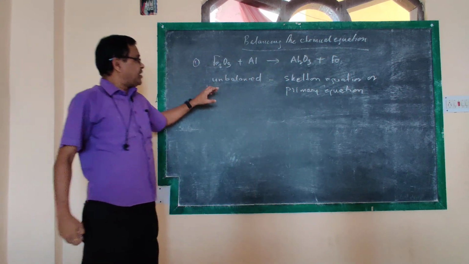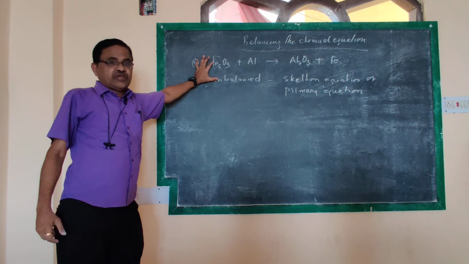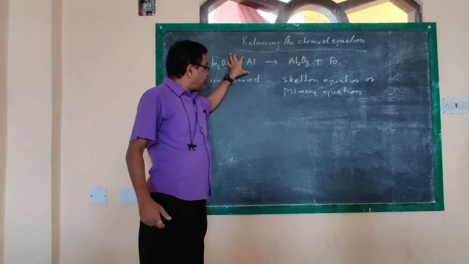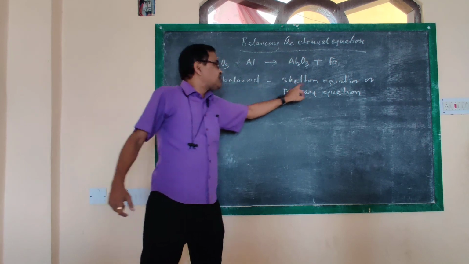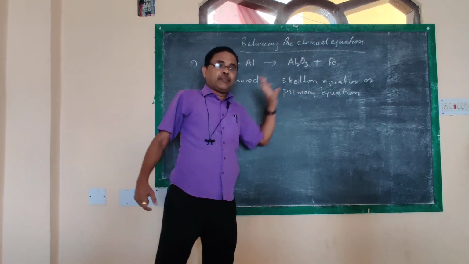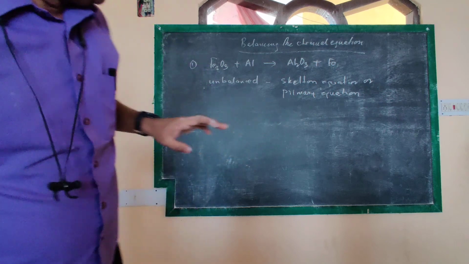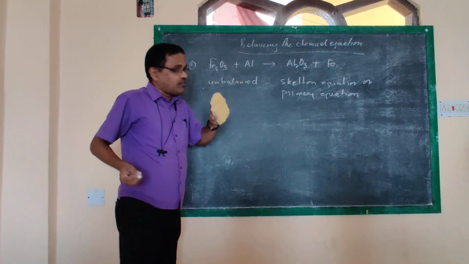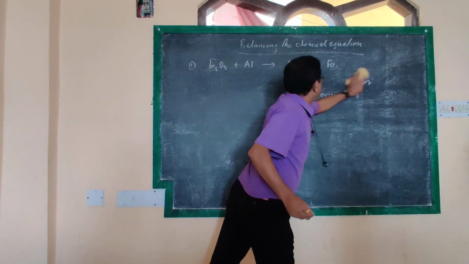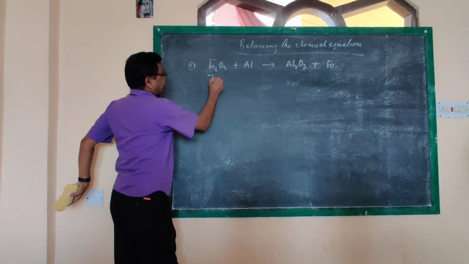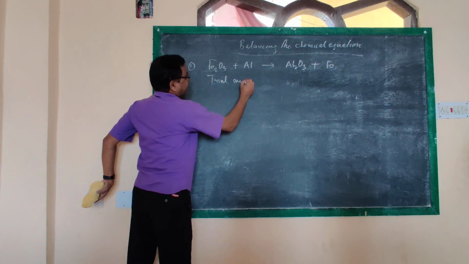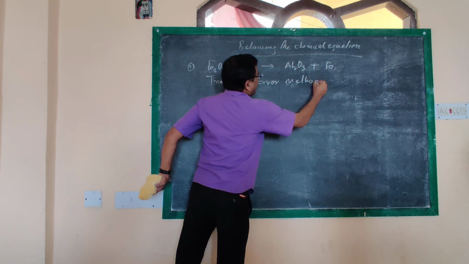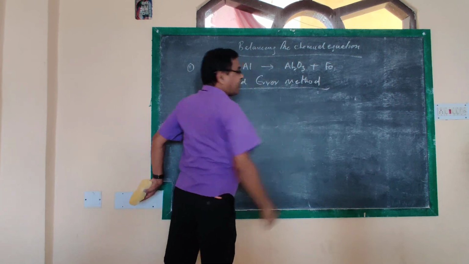So what we can understand from here is that any unbalanced equation having molecular formulas is called a skeleton equation or primary equation. Now this is a skeleton equation. Now we will balance this with the help of a method called the trial and error method.